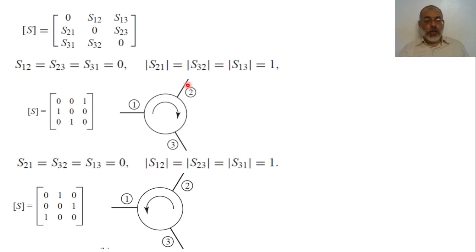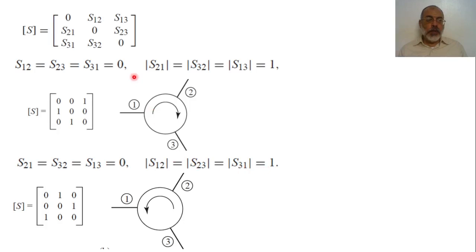Okay. The other configuration for the circulator is when S21 equals S32 equals S13 equals 0, while the magnitude of S12, S23, S31 equals 1.